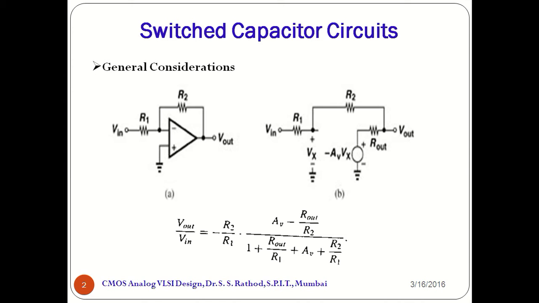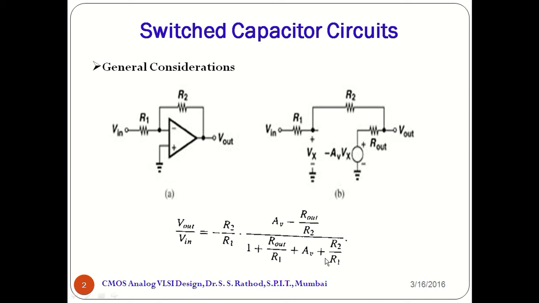In fact, with the aid of a simple equivalent circuit, shown in figure B on the right hand side, we can write the equation for Vout upon Vin as minus R2 by R1 into AV minus Rout upon R2, divided by 1 plus Rout by R1 plus AV plus R2 by R1. If you observe this equation carefully, it implies that the closed loop gain suffers from inaccuracies in the numerator as well as the denominator.